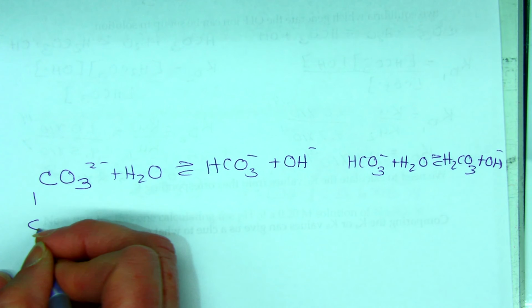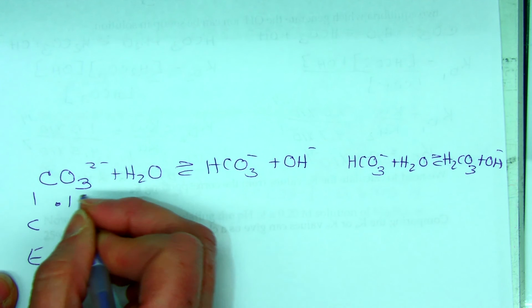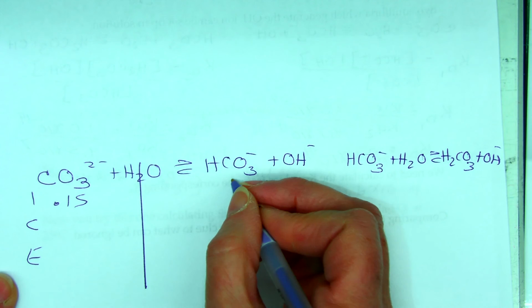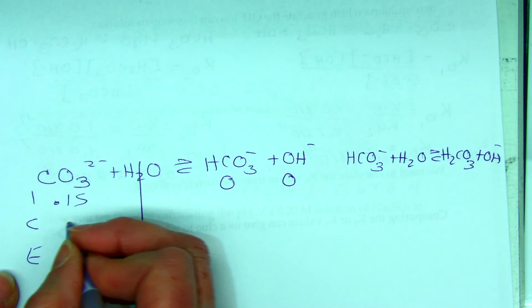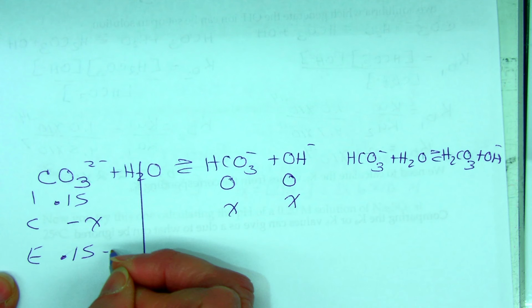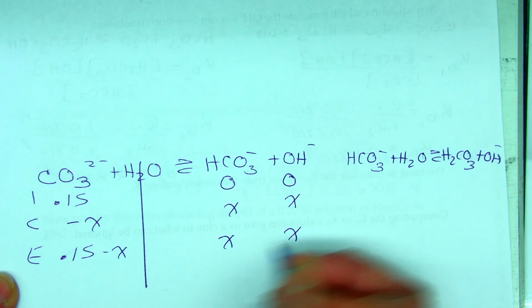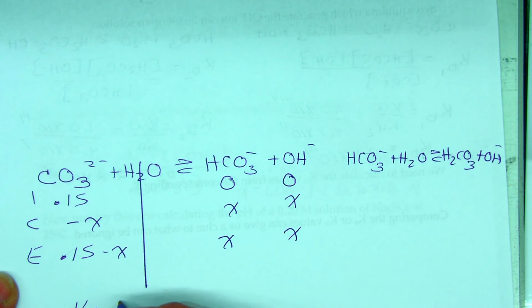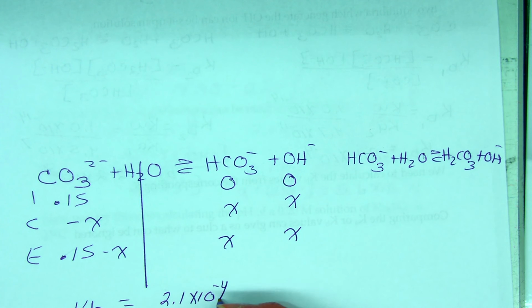And in my first ICE chart, I had 0.15 molar, ignore water, 0 and 0. Minus x, x, and x, 0.15 minus x, x, and x. And my Kb1, going back a couple pages where we figured these out for carbonate, was 2.1 times 10 to the negative fourth.